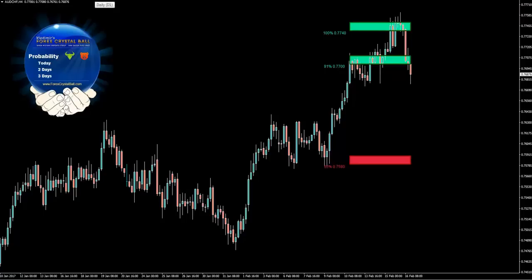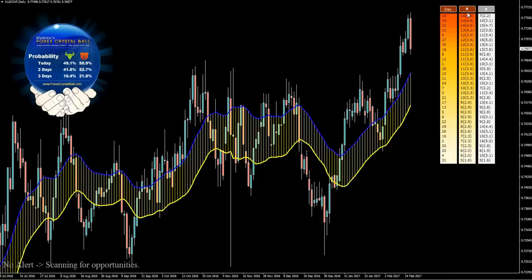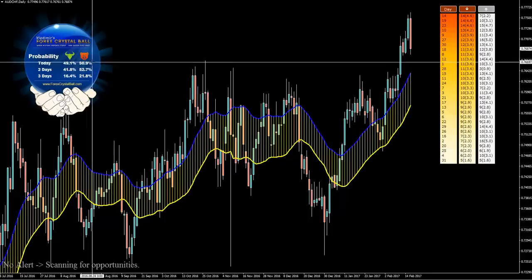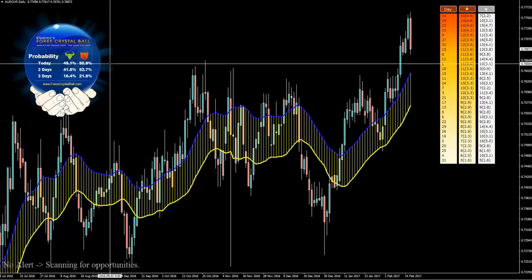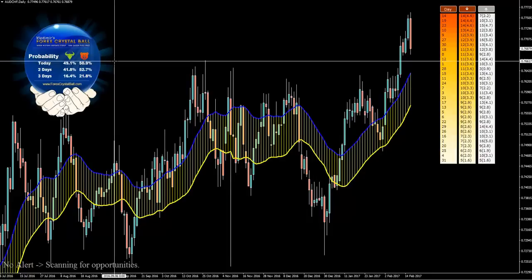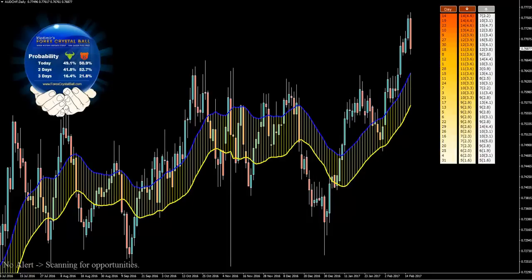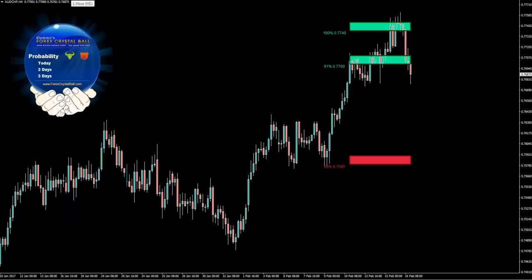I dropped from the daily chart. You see, it marks me the direction, it gives me the time, it gives me here the predictor for what are my chances to go for a sell. That works together. It gives me the alert when exactly I'm going to look for sells and when exactly I'm going to look for buys. Then I drop to lower time frames and I look for entries.